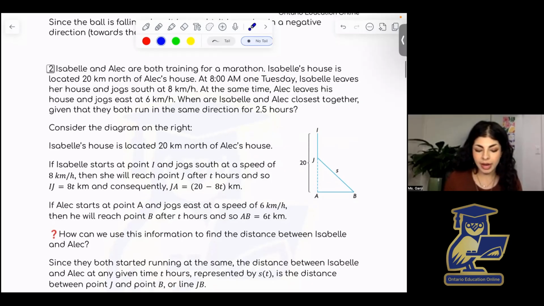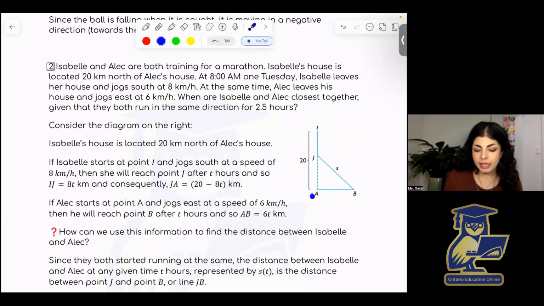So let's interpret our diagram here. This is Alec's house, and Isabel's house is 20 kilometers north of Alec's house. So we have north, south, east, and west. Isabel leaves her house and starts jogging this way.